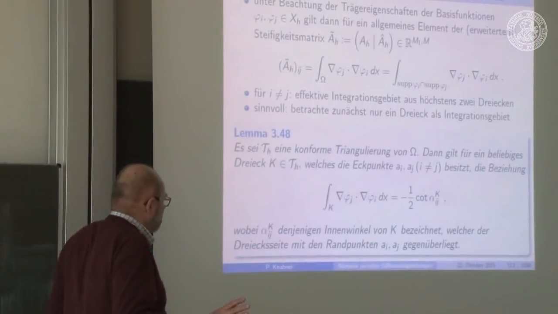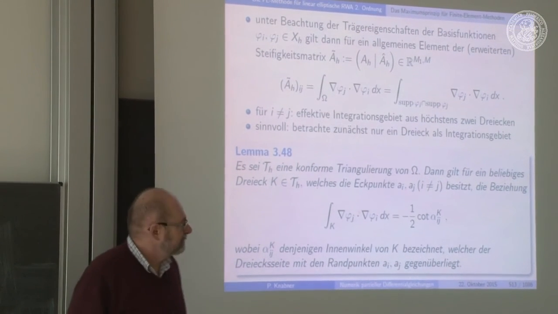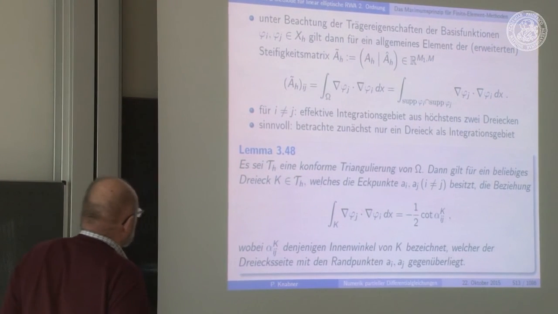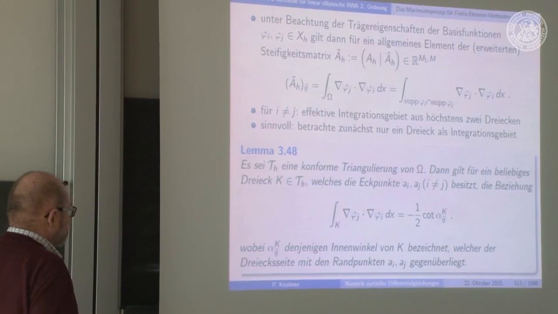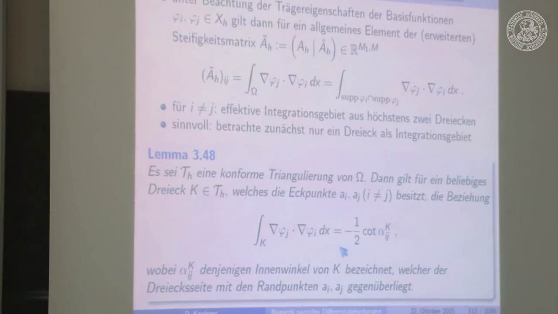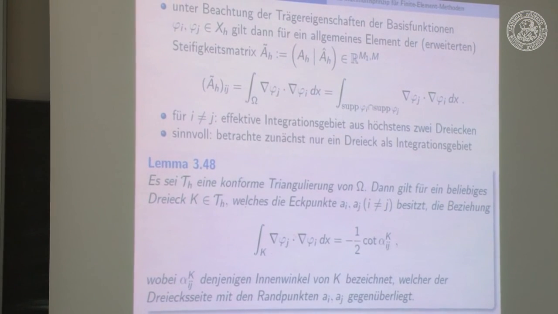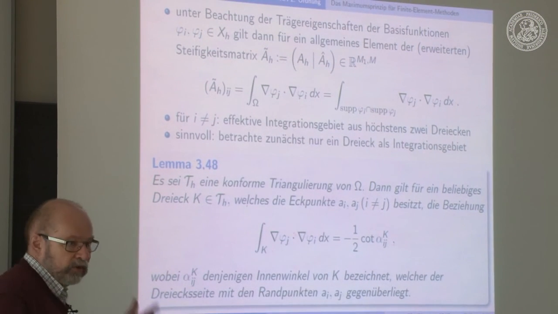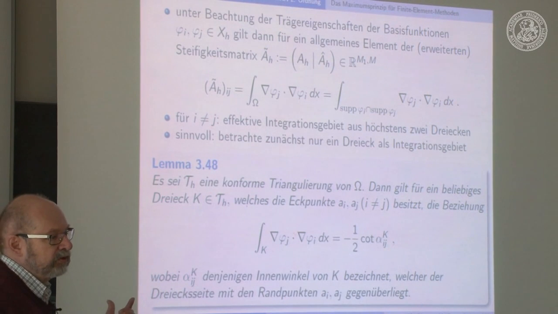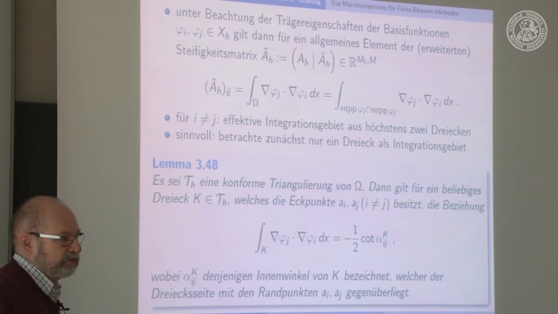As I don't have time to do the proof today in detail, we just go on and look at the consequences of this result, because this is now not only an estimate, but really an identity. We can compute the sum of the two elements which share these two nodes.